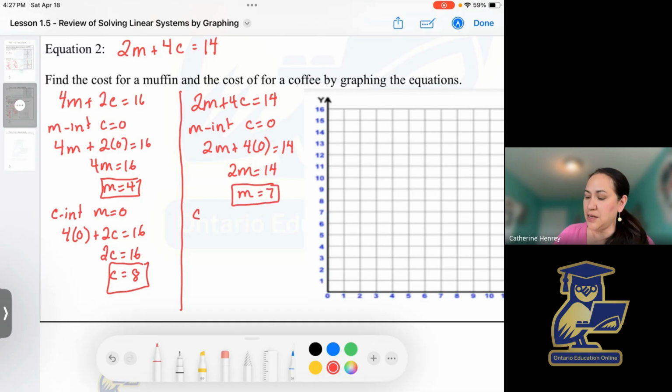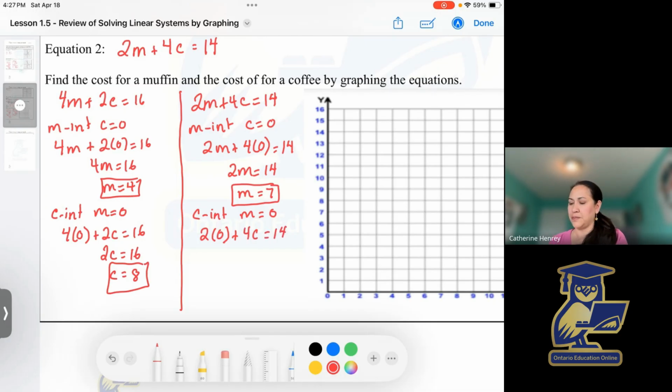Let's find the C-intercept. That means M is going to equal 0. So for my equation, 2 times 0 plus 4C equals 14. And we have 4C equals 14. If we do the division here, it comes out to 3.5. So sometimes it's hard to deal with decimals while we're graphing, but this is just 3.5. We should be able to manage.